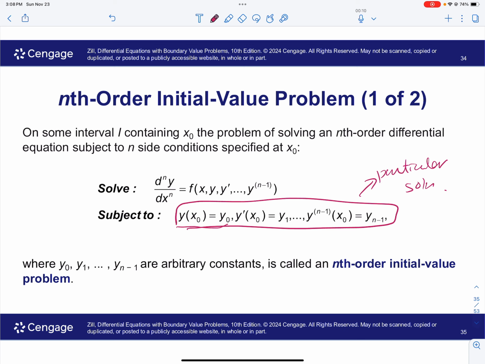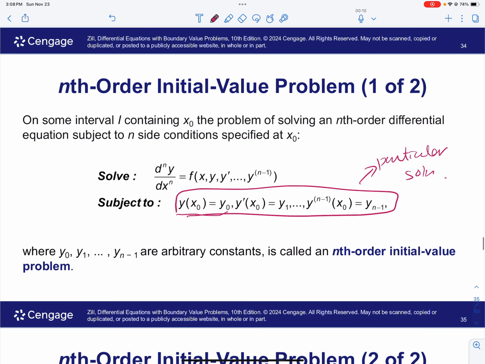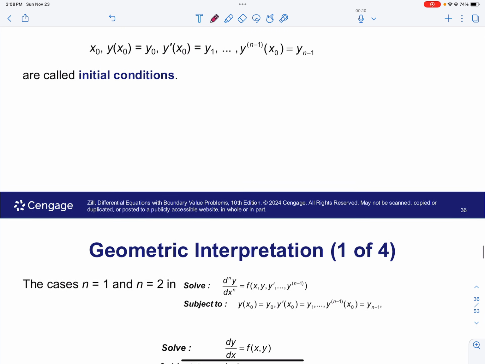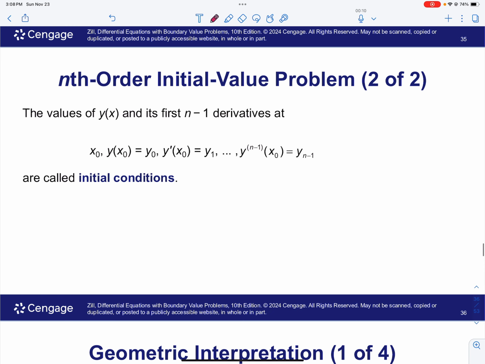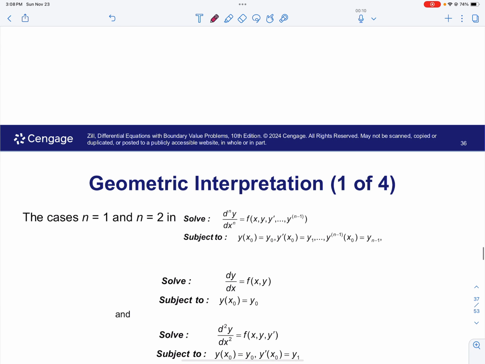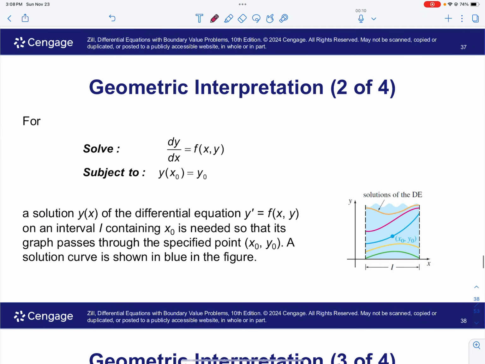So what will be the selection criteria in mathematics? That will be the initial values. What will the initial conditions do? We can look at a picture.